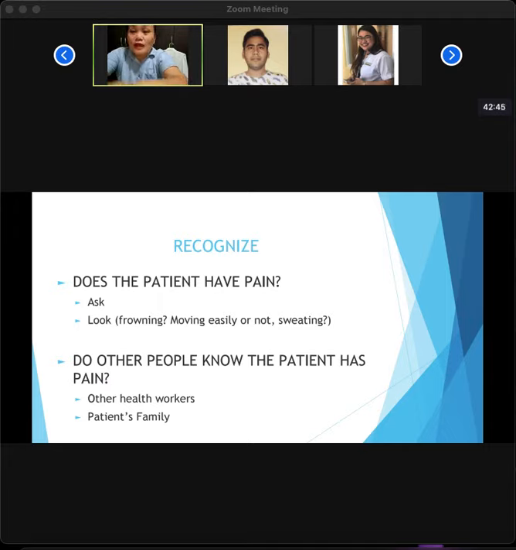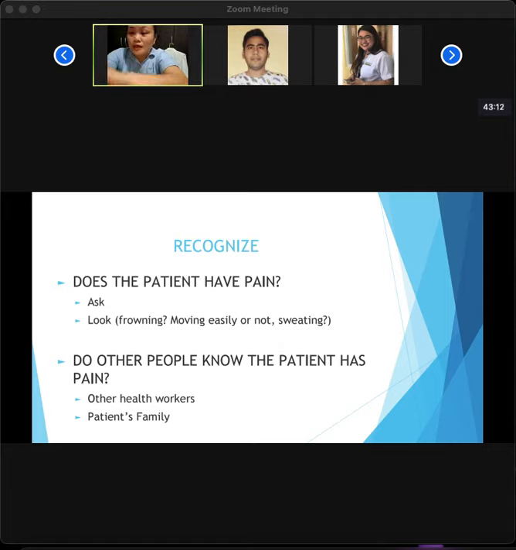Okay? And sometimes, diba sabi ko kanina, sometimes some patients are smiling even if they are in pain. So, or sometimes they are hiding it. Kasi maybe they are afraid or they are not comfortable to show it to other people.